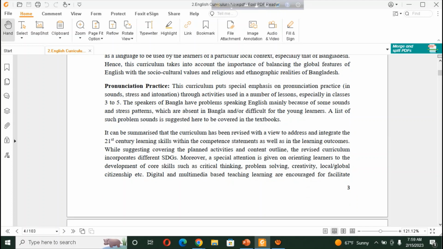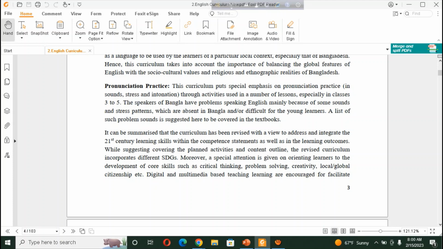Okay, dear participants, in summary we can say that the curriculum has been revised with a view to address and integrate 21st century learning skills within the competency statements as well as the learning outcomes, while suggesting the plan, activities and content outline.